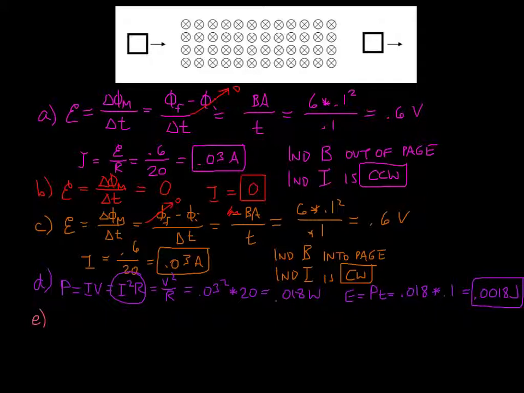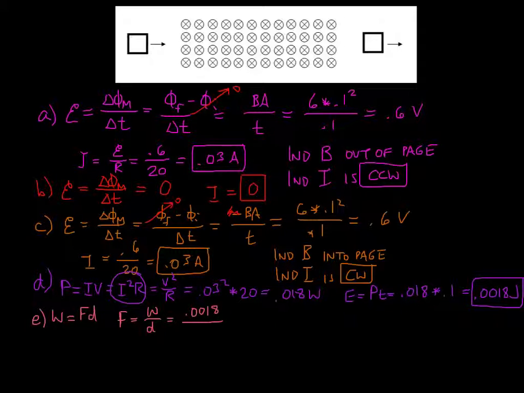So the work is equal to force times the displacement, and the work is the same as the energy, which we just figured out in part D. So I can rearrange this to say the force is equal to work over distance, that's 0.0018, divided by the distance.